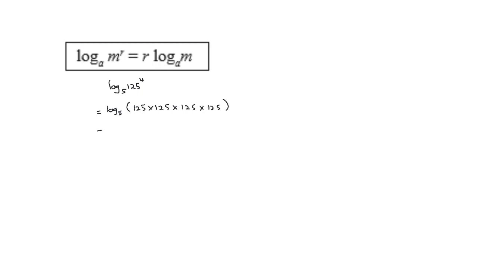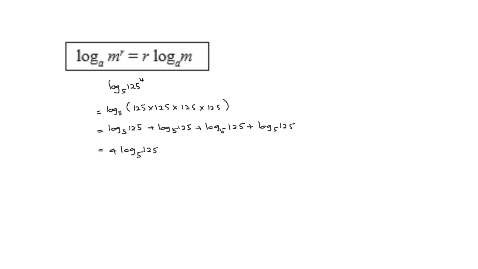So by using our previous law, we can write this as log 5 125 plus log 5 125 plus log 5 125 plus log 5 125. Same term, you have 4 times, so you can write 4 log 5 125.